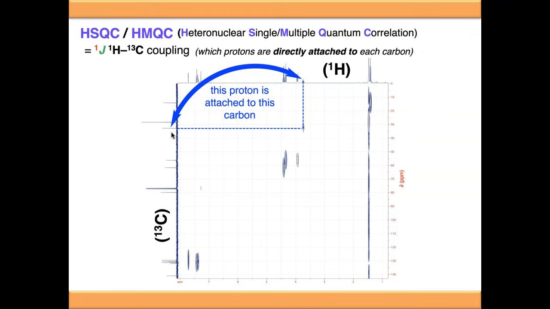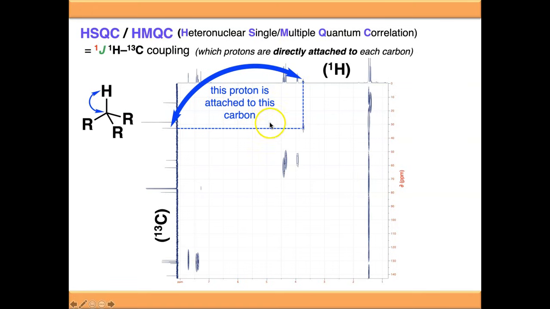Because that's the way that this spectrum works, each of these proton signals should only have one cross peak below it, because each proton can only be attached to one carbon. So as you go across the signals, this just here is noise, but you've got one signal underneath each proton signal. Again, if you want to get rid of this noise, you can just roll up on the Z slice.